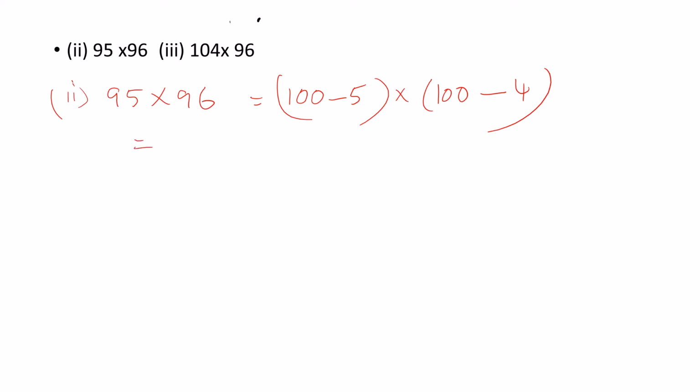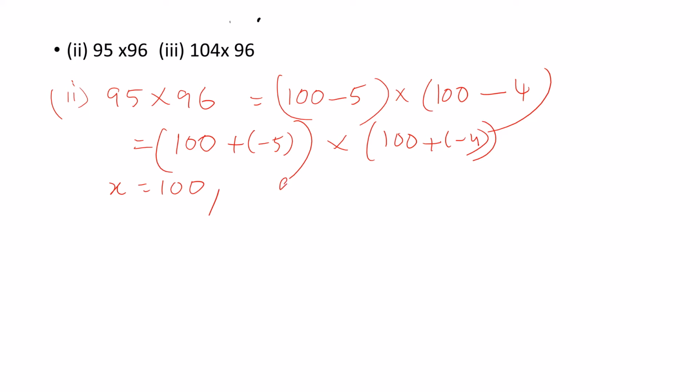Only thing, when you write, you should rewrite this like (100 plus minus 5) and the next one is (100 plus minus 4). Same identity: x is equal to 100, a equal to minus 5, b equal to minus 4.